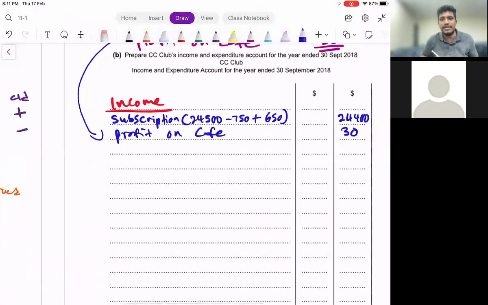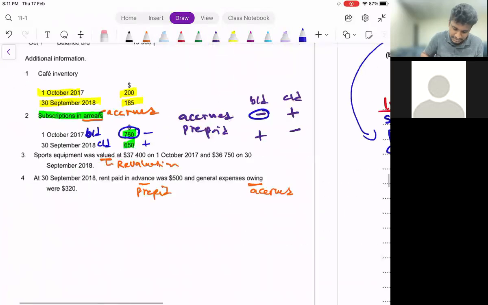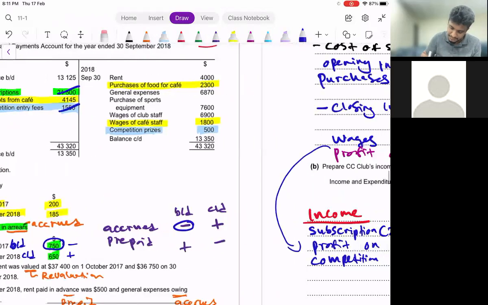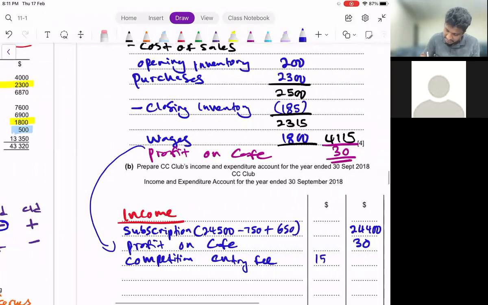So how do you record in the income? First, you write competition, then entrance fee. Entrance fee is 1550. So that one you write here, 1550. This one needs to be less the prices.